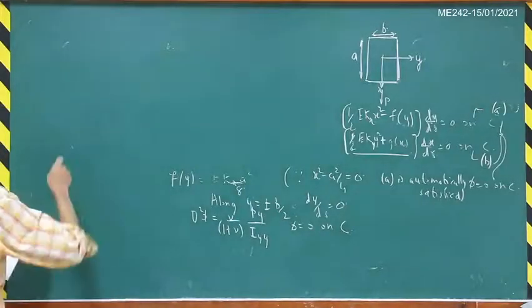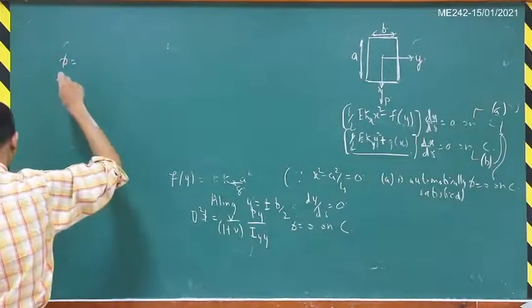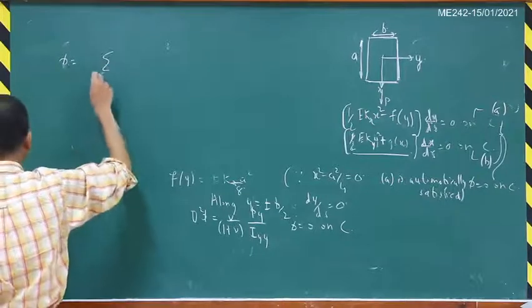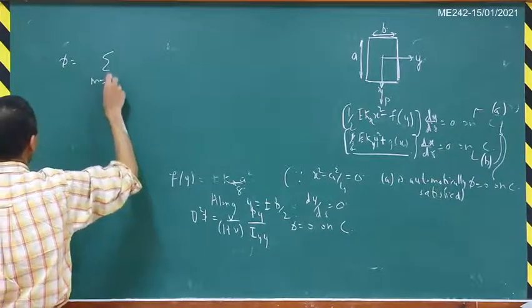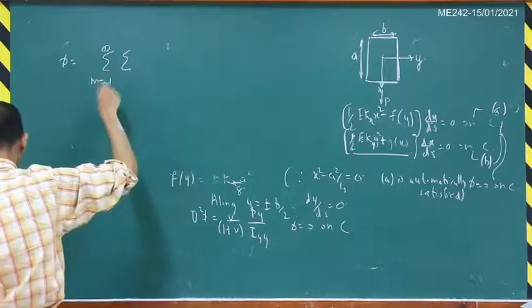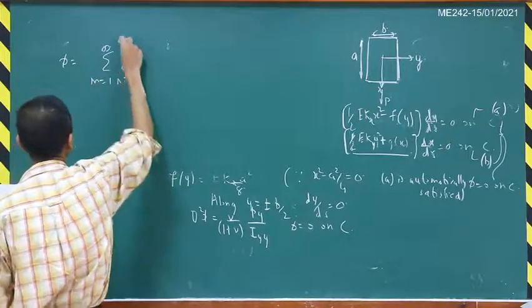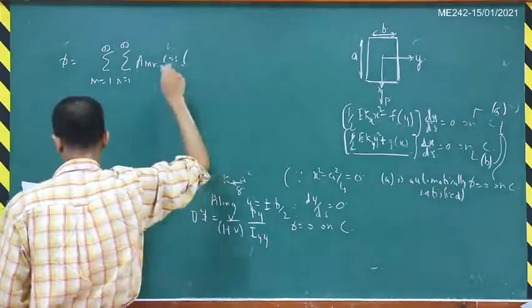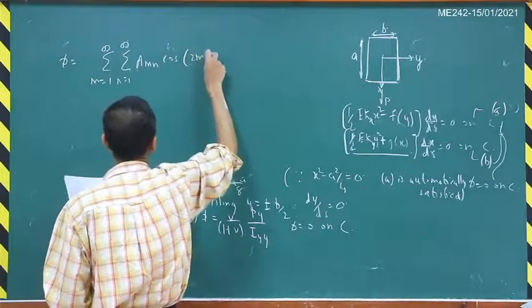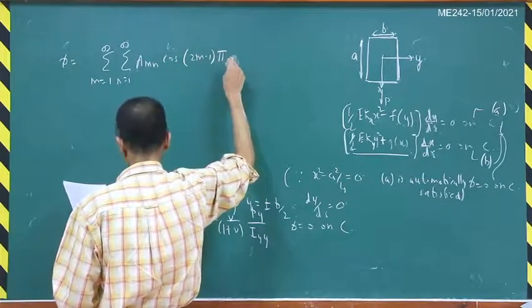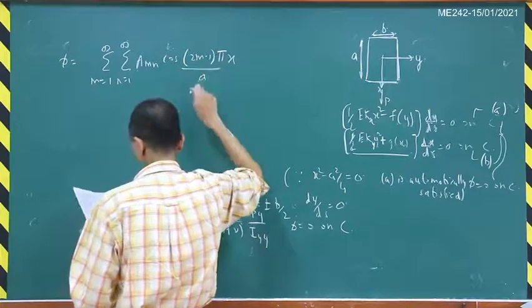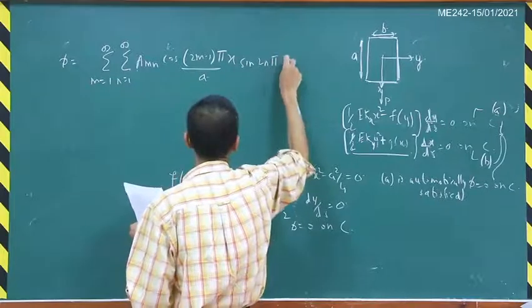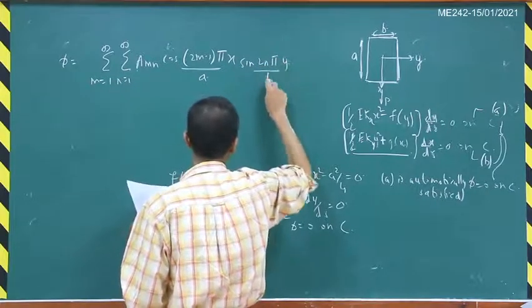We will assume phi to be equal to the summation over m equal to 1 to infinity, summation over n equal to 1 to infinity of amn times cos of (2m minus 1) pi x divided by a, times sine of 2n pi y divided by b.